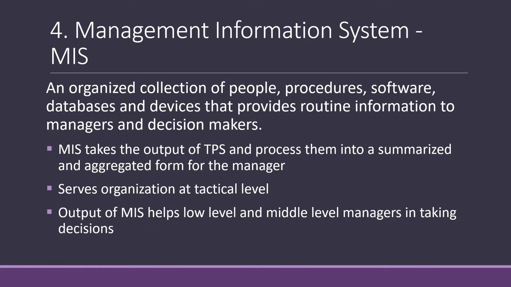So the first hierarchy is the workers, and the next one is the low level and middle level managers who are managing the workers. The MIS supports those managers in managing them by taking into action the reports created by the system.